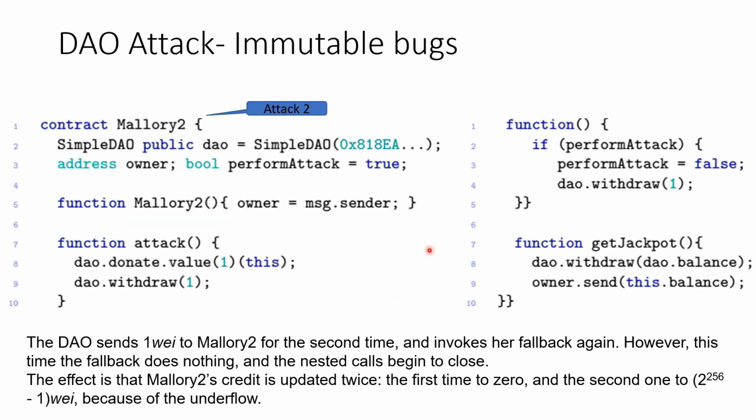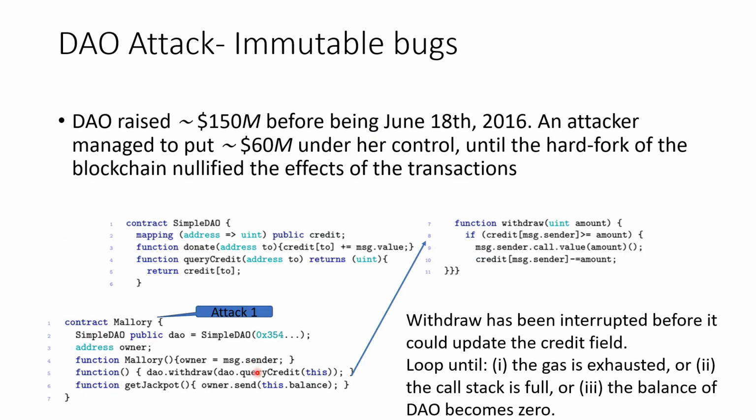Another example of the immutable bug, where the attacker introduced the Mallory contract and invoked the withdraw function, same as attack 1. But this time, the attacker became a participant of this simple DAO. The attacker deposited 1 ether as a donation, so the total credit will be 1 ether, if only the attacker is there.